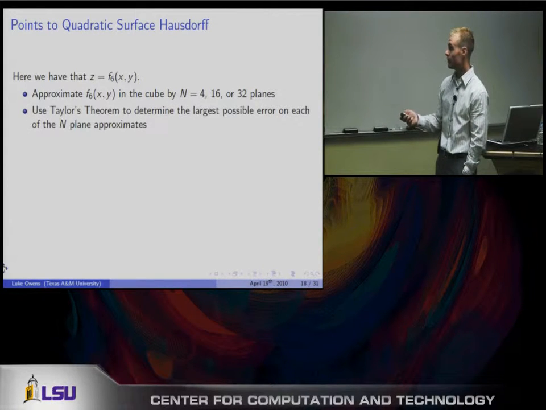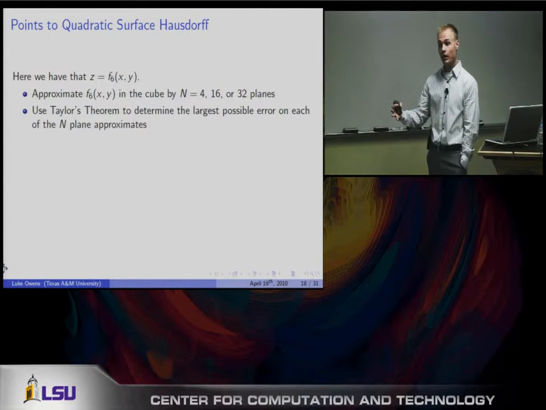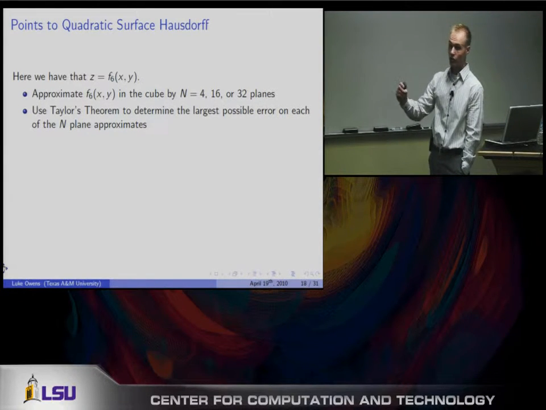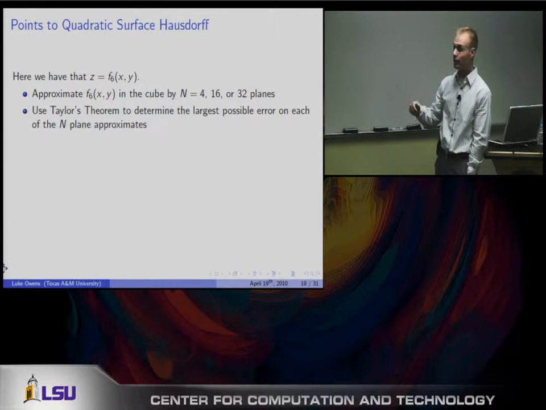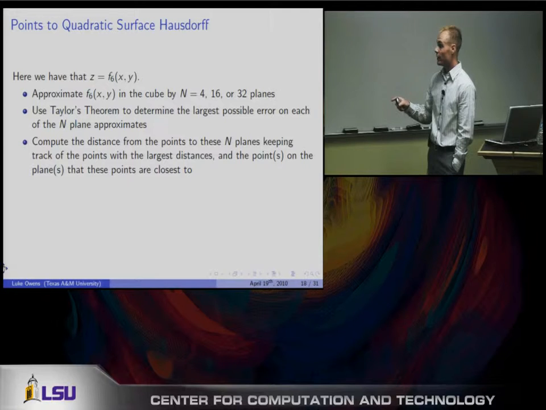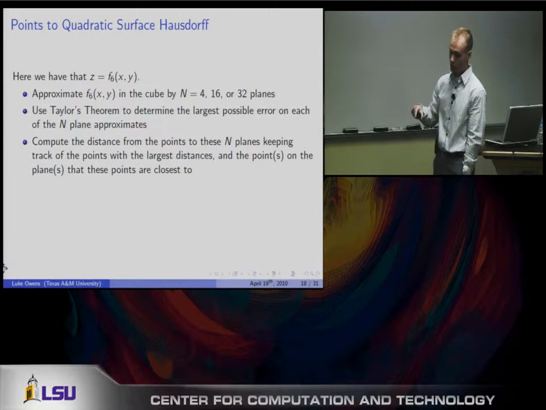Then we can use Taylor's theorem to get the largest possible error on each of these planes. You compute the distance from a data point to the plane, and what is the true distance from the data point to the quadratic? You can get a bound on that just using Taylor's theorem. So once we have these n planes, we compute the distance from the data points to these planes, and we keep track of the largest.